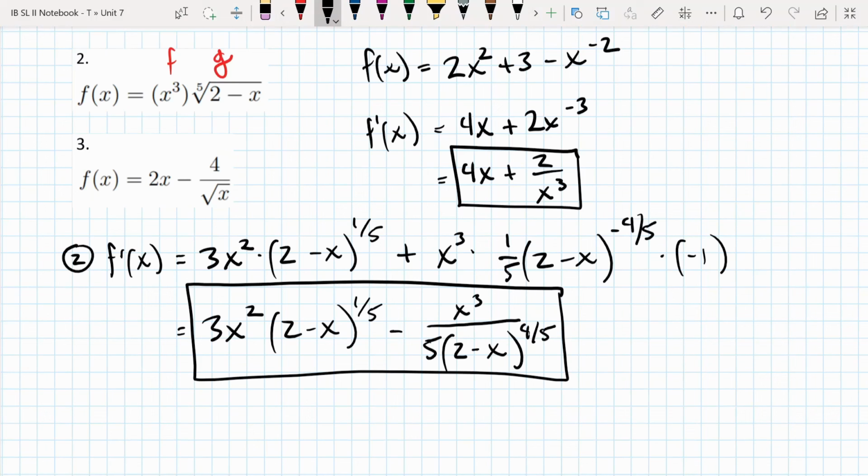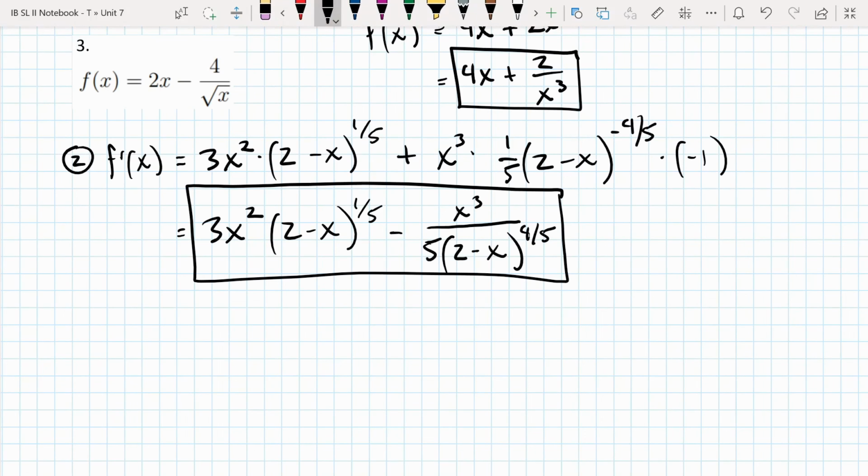Alright, and let's wrap this up by going through the derivative of the last question. So let's rewrite this. So f of x is equal to 2x minus 4x to the negative 1/2.